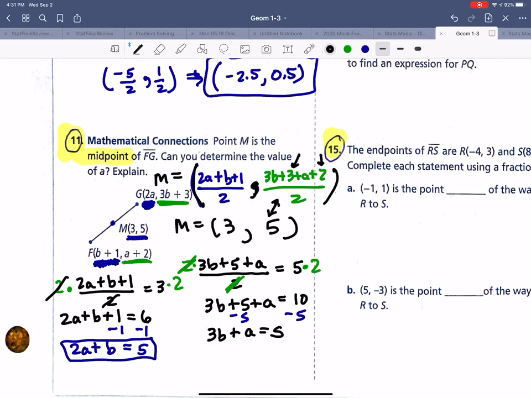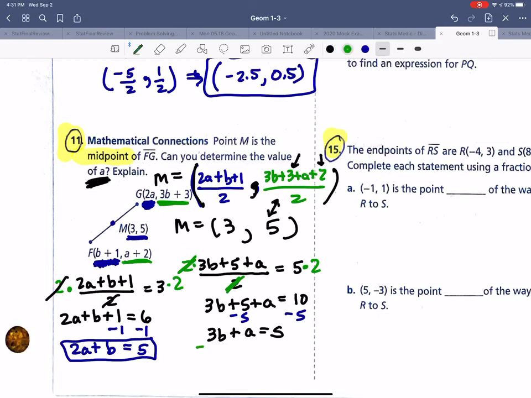Now notice I'm trying to solve for A. So this is called a system of equations from algebra. I can substitute something in for A if A is equal to a clump of stuff. So I'm pretty close to that.